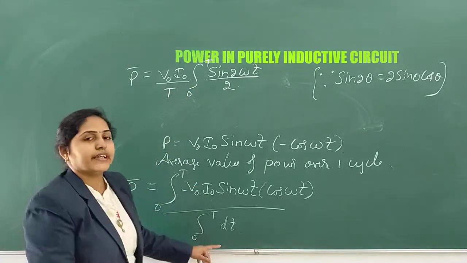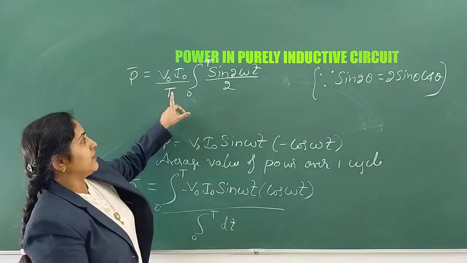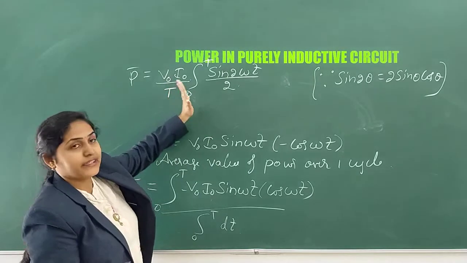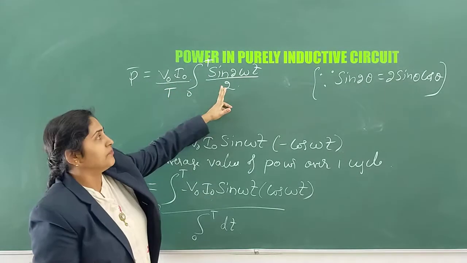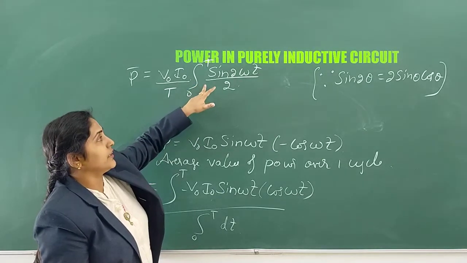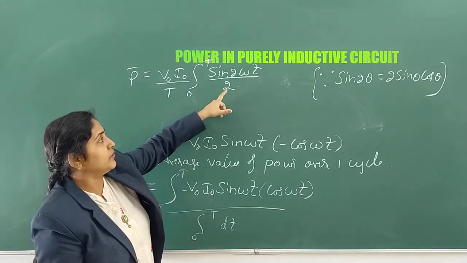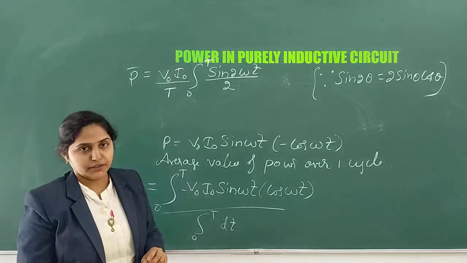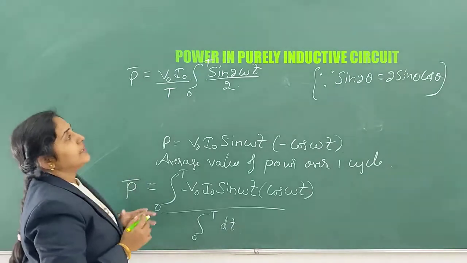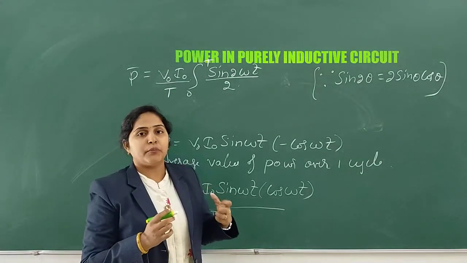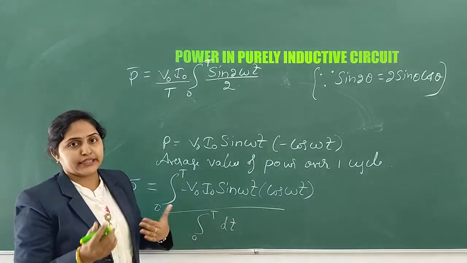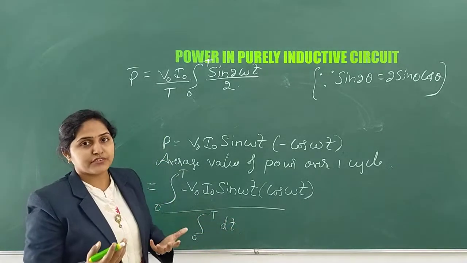I have integrated in the denominator and got T, and I have replaced it before the integration of the numerator. The numerator becomes the integral from 0 to T of sin 2 omega t divided by 2. But we know that the integration of sin 2 omega t, since it is a multiple of 2 theta, sin 2 theta is always 0.